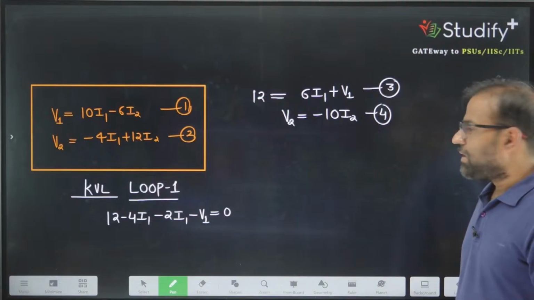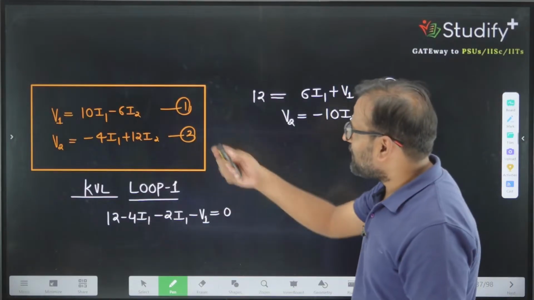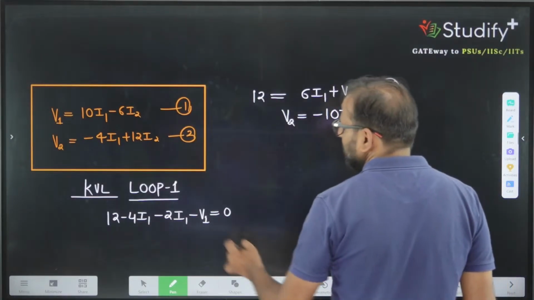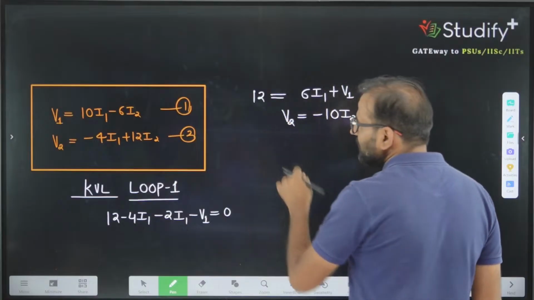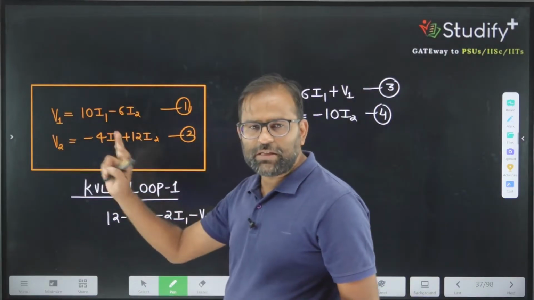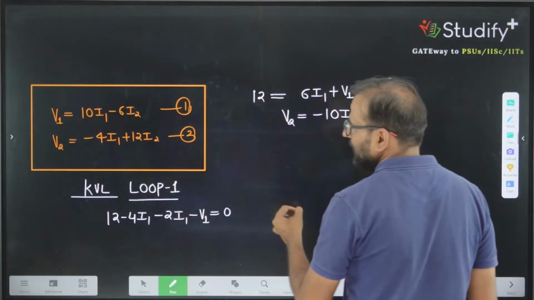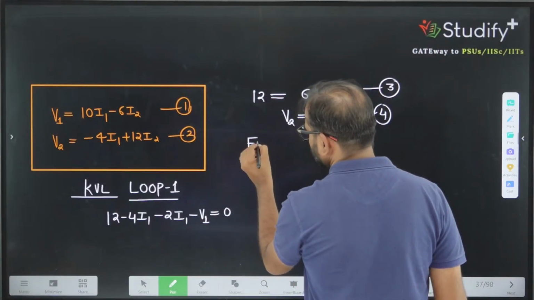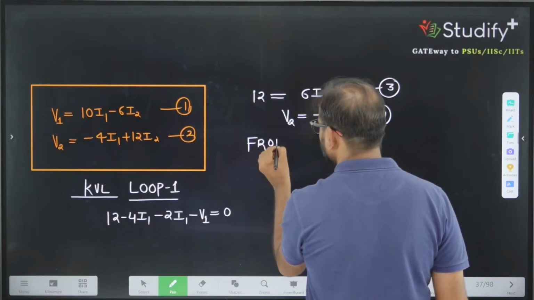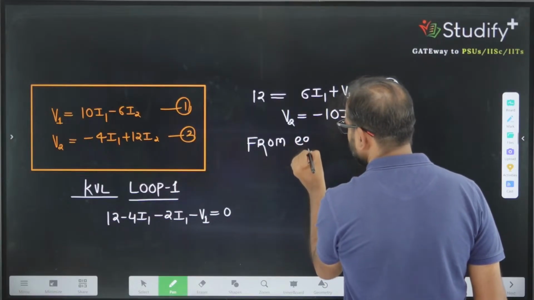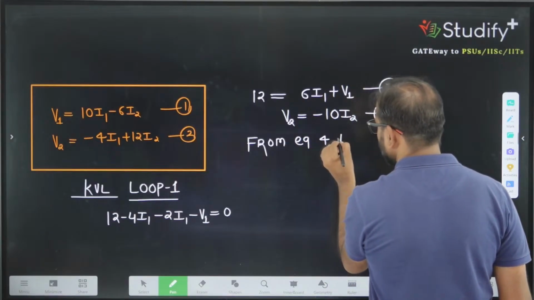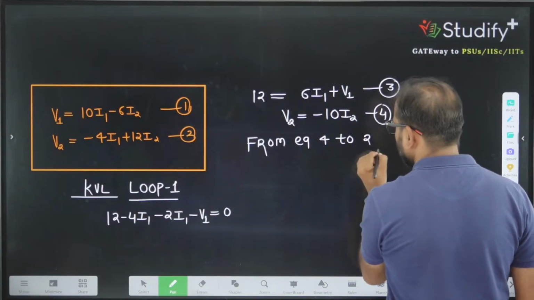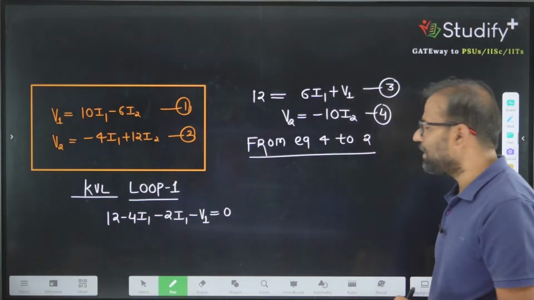Correct? So how can we calculate it? Let's write the value. If I substitute this value of V2 here, I can find the relationship between I1 and I2. So from equation number 4 to 2, we are replacing the value of V2.